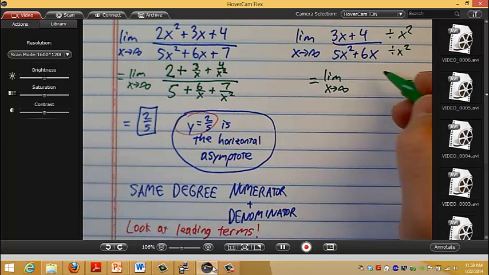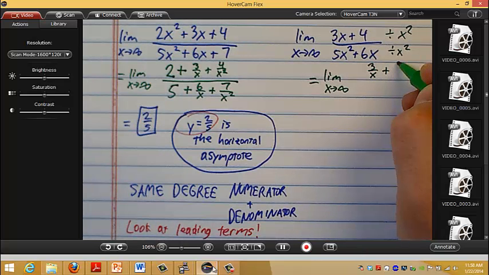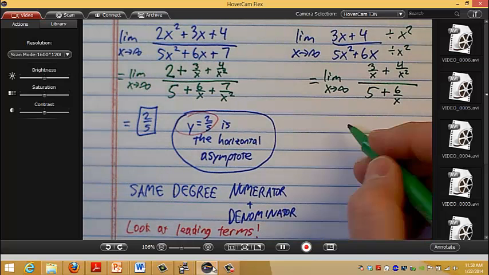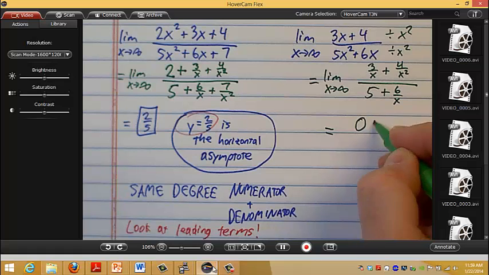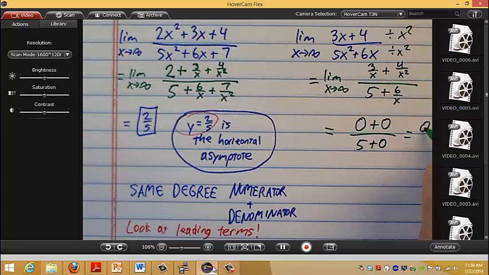The numerator: 3 over x plus 4 over x squared divided by 5 plus 6 over x, I think, right? And if you work out what happens here, I get zeros in the numerator, and I get a 5 plus 0 in the denominator. What is 0 over 5? 0.